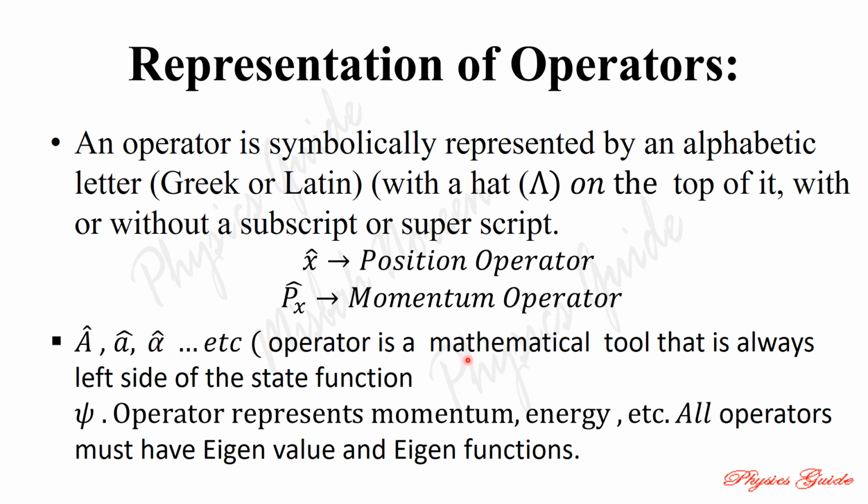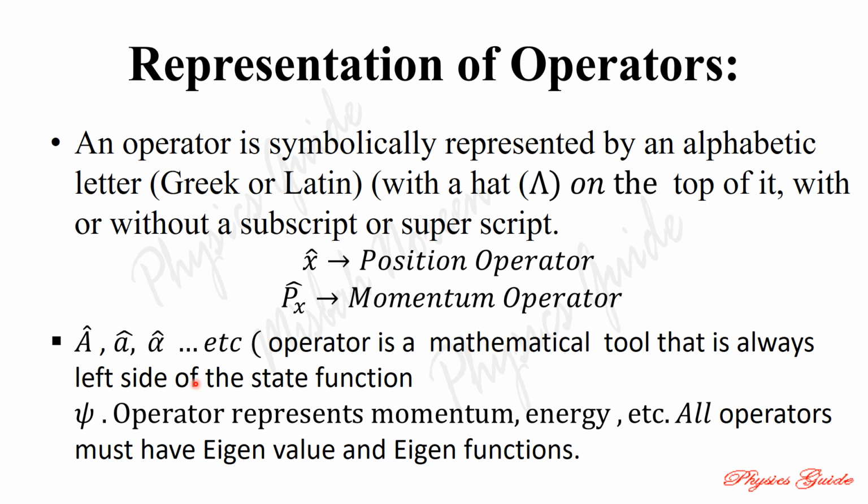An operator is a mathematical tool that is always on the left side of the state function psi. Students, it is most important. Always. Operator means we operate on any function, any wave function, any state function, state vector.